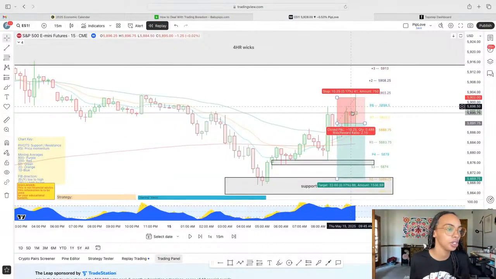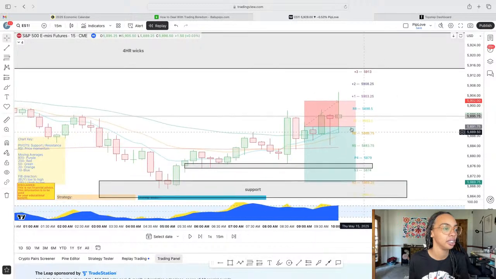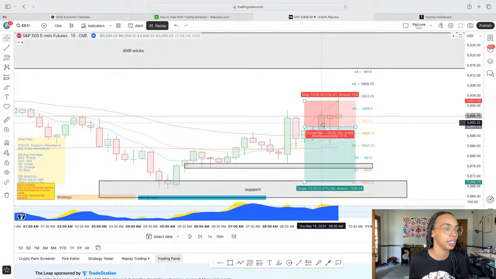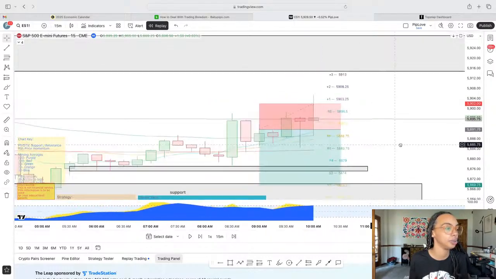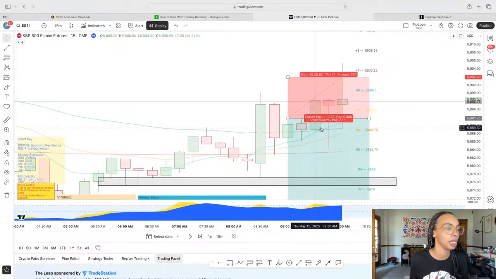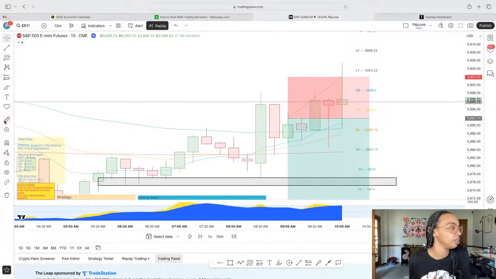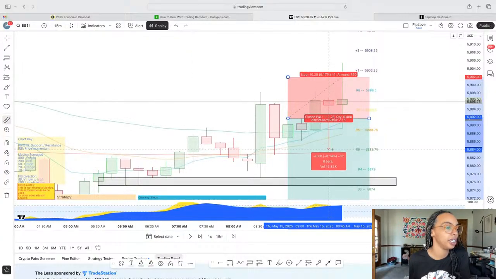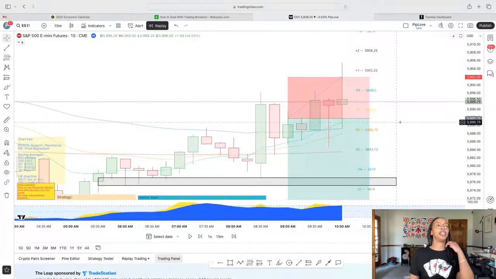However, huge wicks, huge momentum. Price ended up coming up into this buy area, coming back into this. I think we were activated right here at 9:15. Price did come into, we were in profit at 9:45. So we were a couple points in profit here, about 8 points in profit.